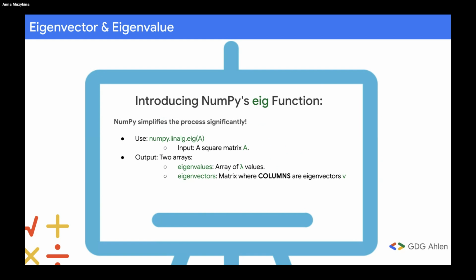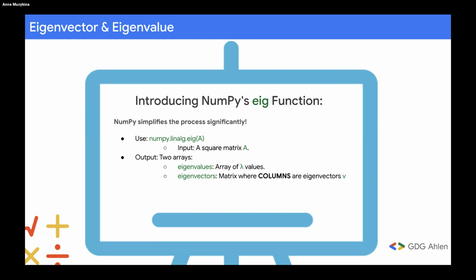This single function does all the hard work for us and returns two pieces of information: an array containing the calculated eigenvalues, the lambda values, and a matrix where each column represents the eigenvector corresponding to the eigenvalue at the same position in the first array.